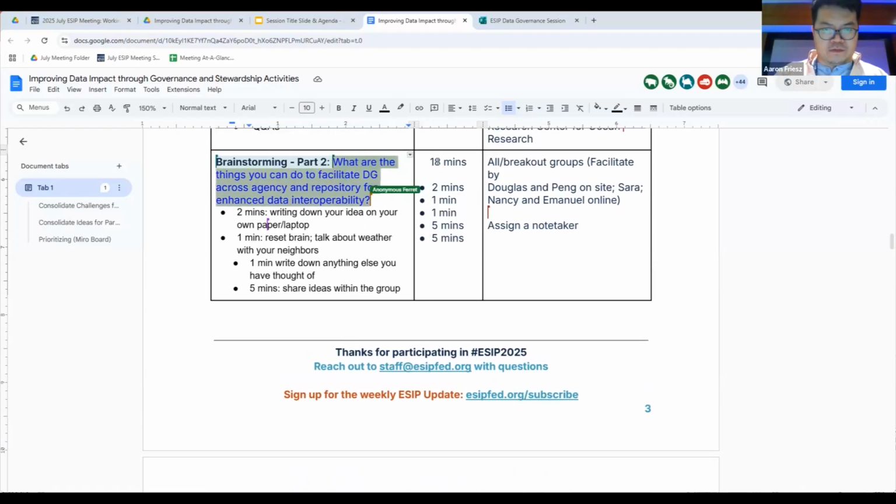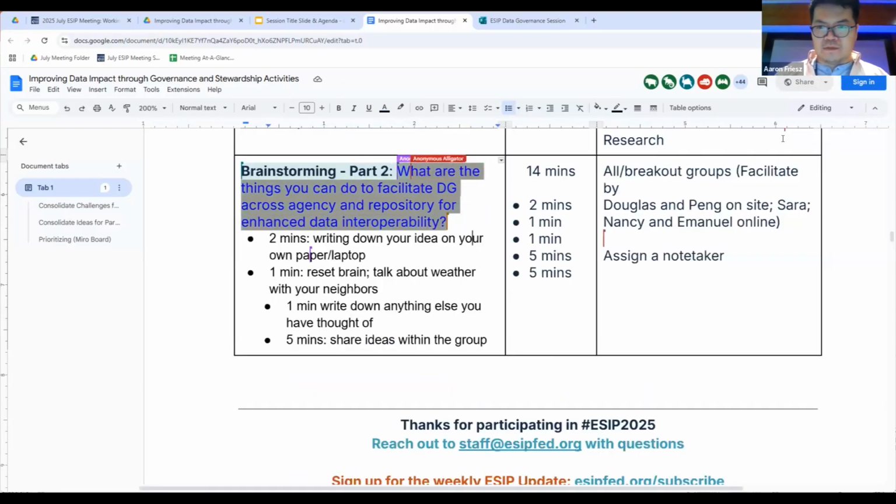This is time for you to write down your own ideas. And the question is, what are the things you can do to facilitate data governance activities, cross-agency and repository, for enhanced data interoperability? So what you or your organizations or projects can do.